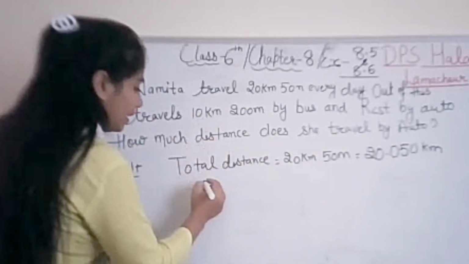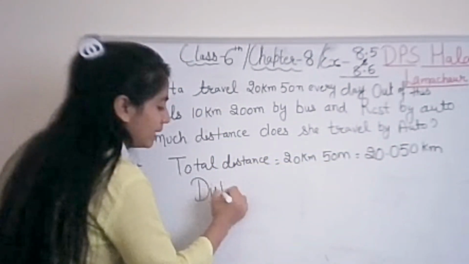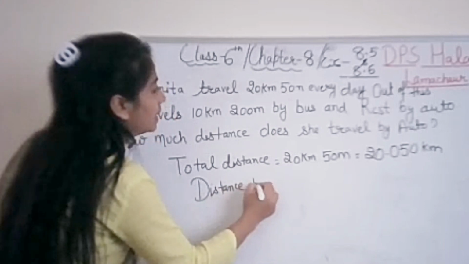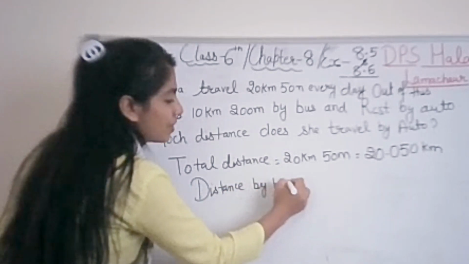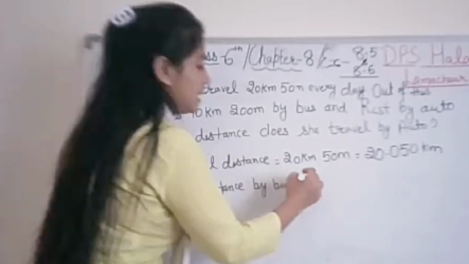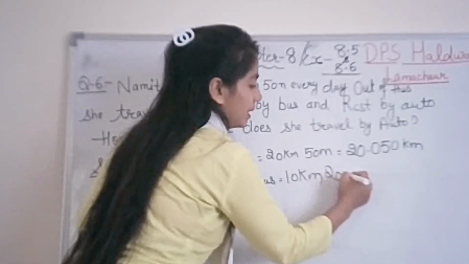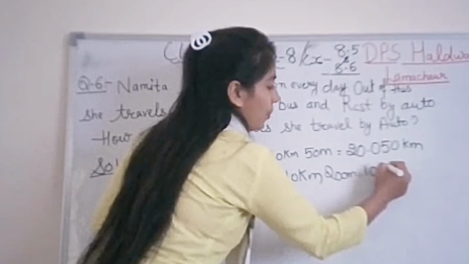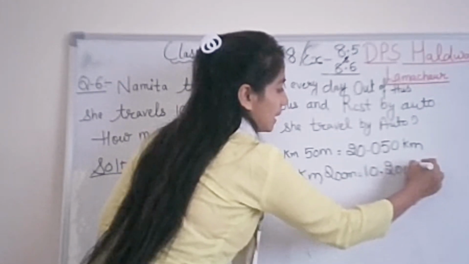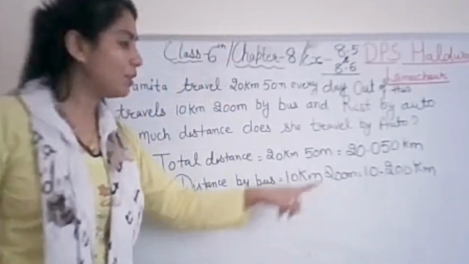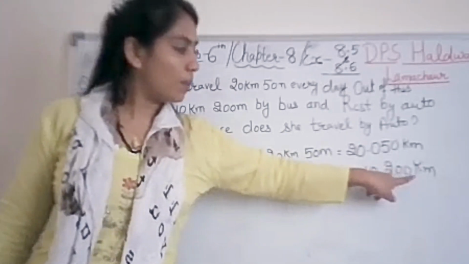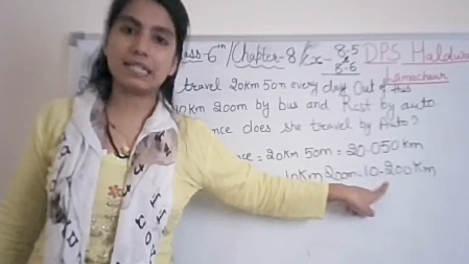And the distance traveled by bus is 10 kilometer and 200 meter. So it means 10.200 kilometer, right, because this is already in 3 digits. So after 1, 2, 3 digits is where the decimal is.